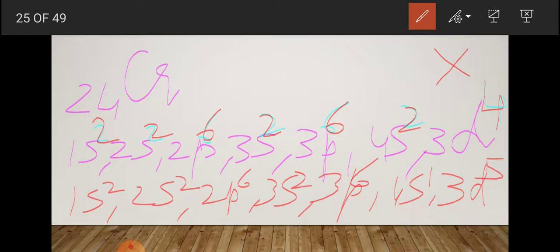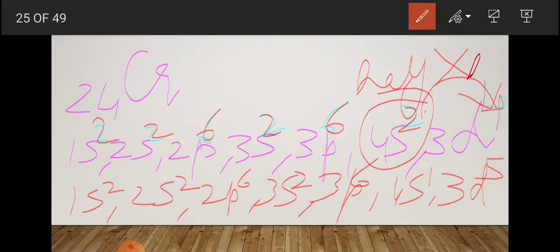Actually, for stability, the orbital should be either completely filled or half filled. If 4s2 gives one electron to 3d, what will happen? This will be half filled and this also will be half filled. So stability will increase when we write this configuration 4s1, 3d5.